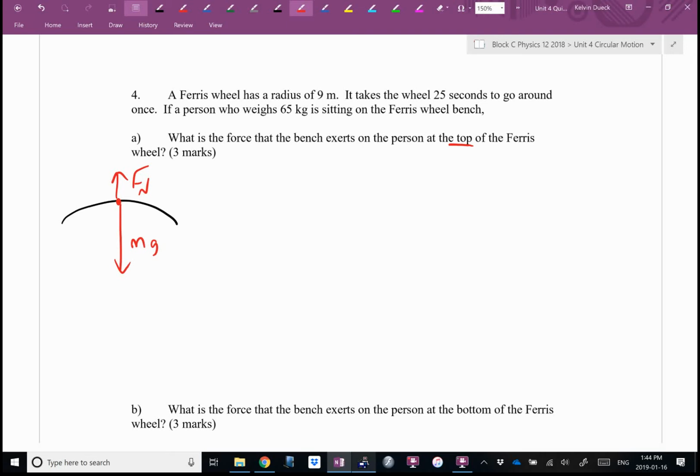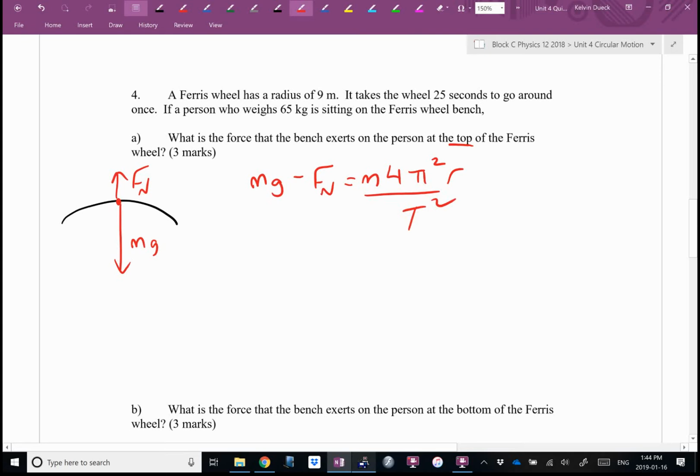What path are we tracing out? A circle. Which way is the winning force pointing? Toward the center. Yeah, absolutely. So my equation, you're right, Gabe, is going to be winner minus the loser equals m4 pi squared r over t squared.